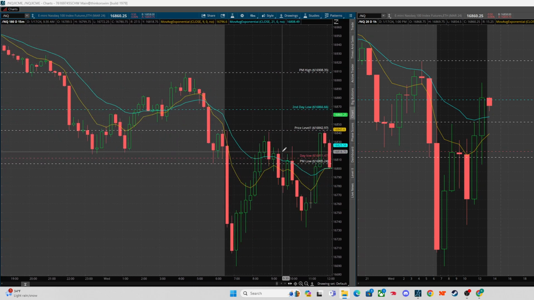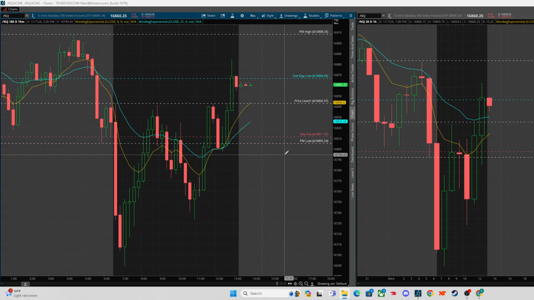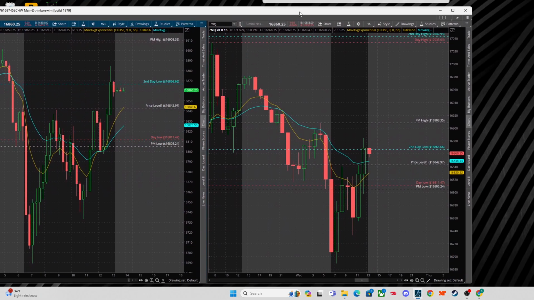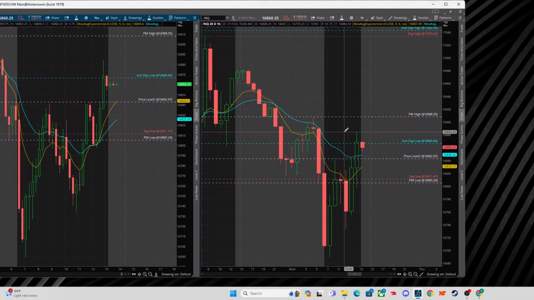Things were not looking too good, but overall on the daily we're just in consolidation mode until we figure things out. On the 1 hour, the 9 EMA is also below the 21 EMA, and you can see we got rejected off the 21 EMA here. Hold on, let me move my screen. The price rejected the 21 EMA on the 1 hour, and then we started heading lower.